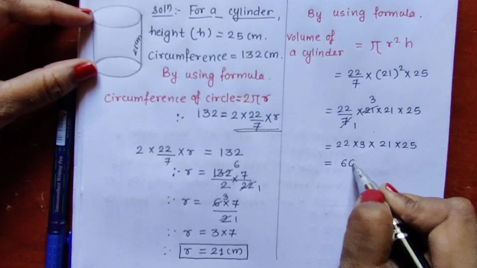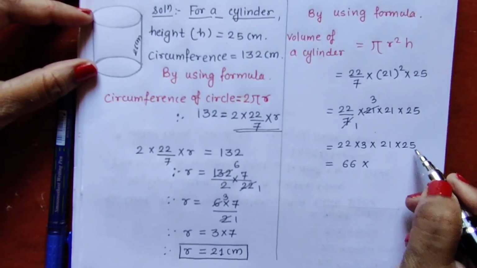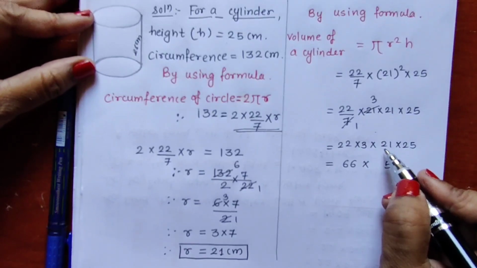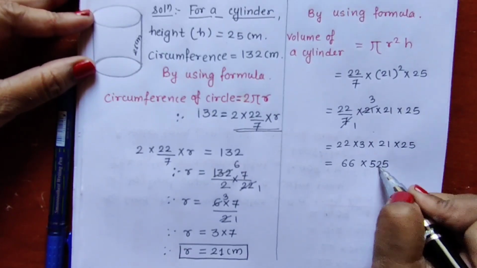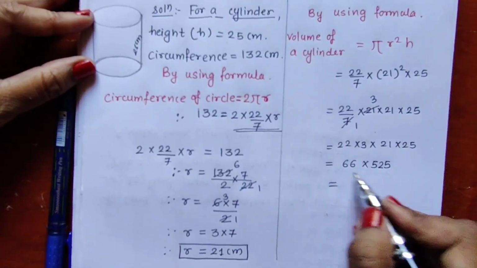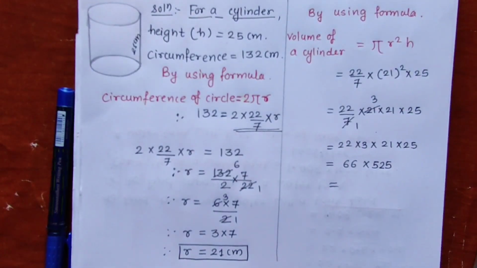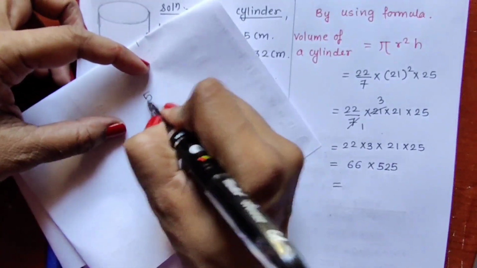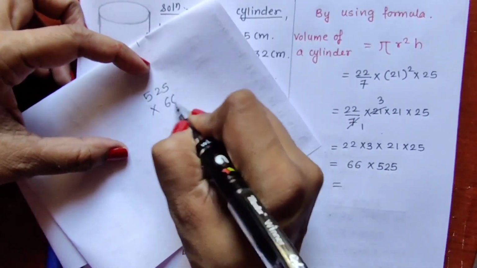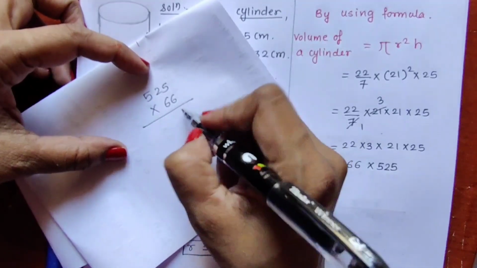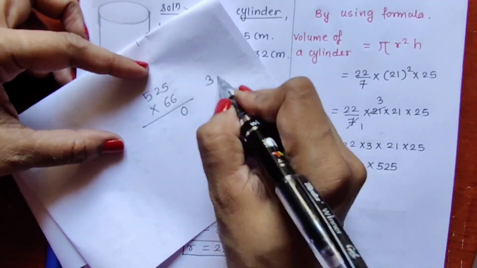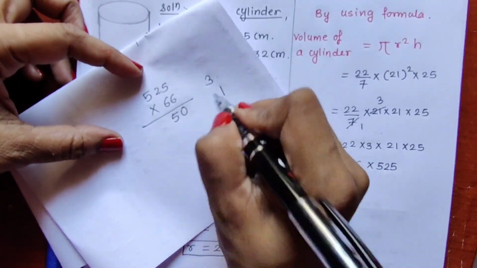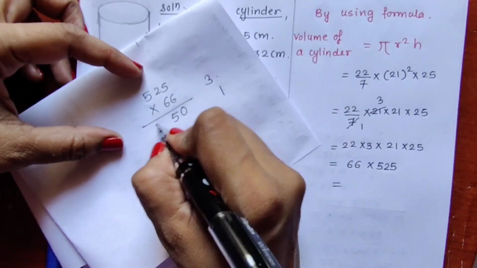22 threes are 66. Multiply by 21 into 25. 25 ones are 25. 5 write 2 carrying. 25 twos are 50. 50 plus 2 is 52. Now we can multiply this 525 by 66 on our rough page. 525 multiply by 66. 6 fives are 30. 0 write 3 carrying. 6 twos are 12. 12 plus 3 is 15. 5 write 1 carrying. 6 fives are 30. 30 plus 1 is 31.